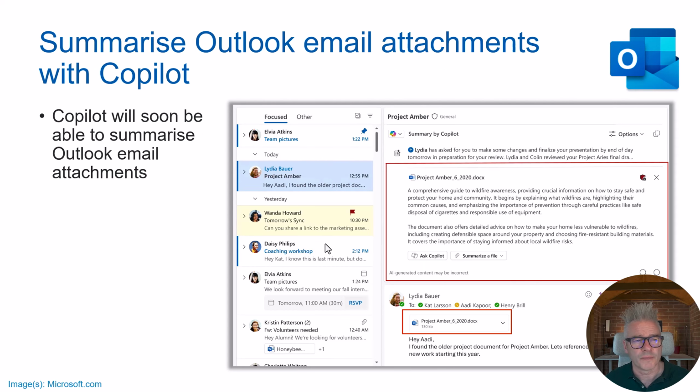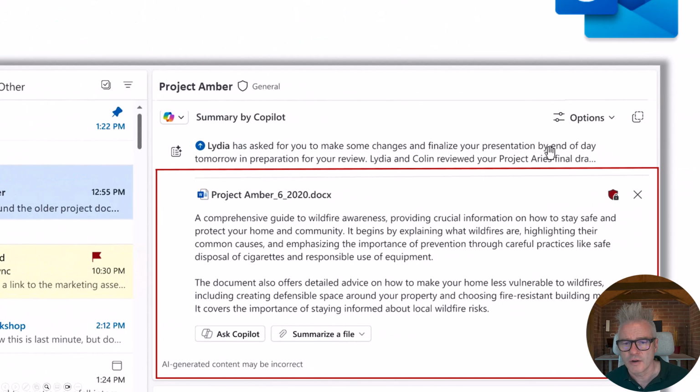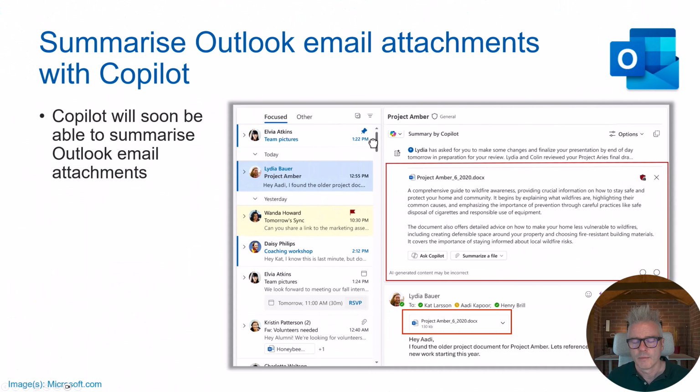Okay, this looks brilliant. Summarize Outlook email attachments with Copilot. You can see on the screen here that we've got a regular quick summary by Copilot of this email that we're looking at, and we have the option to summarize the attachments as well.